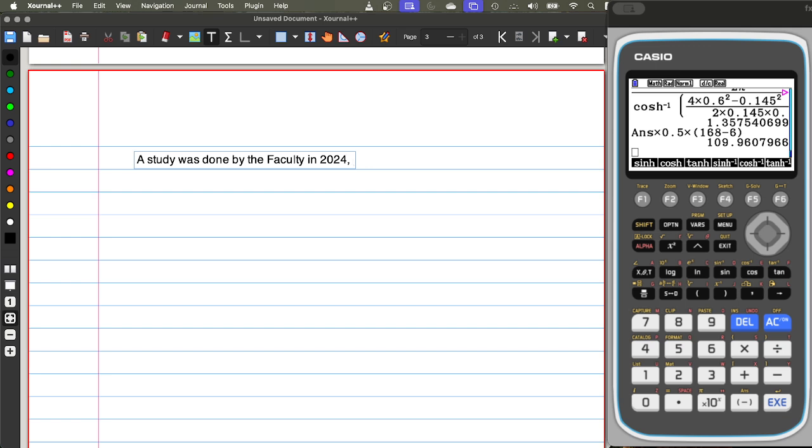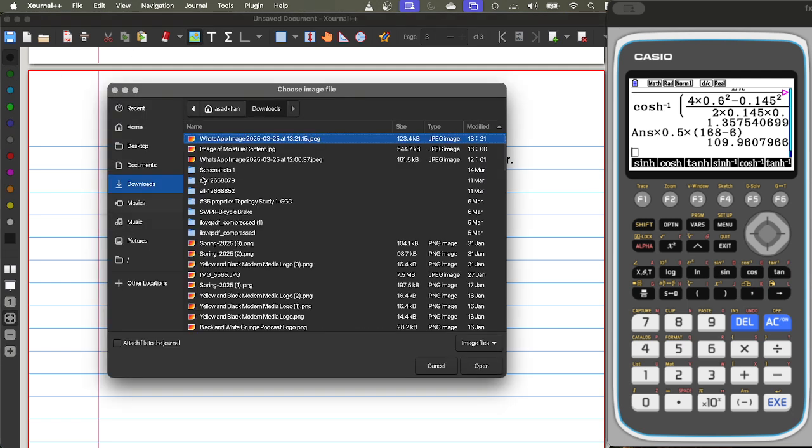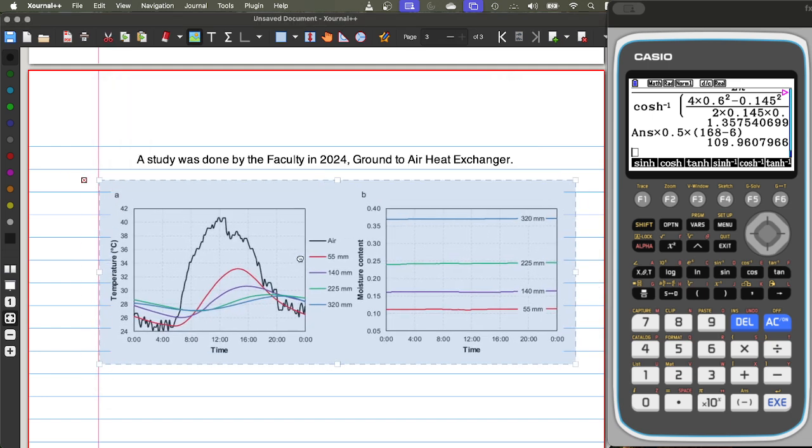Our dean, Dr. Saad Ghani, did a study about a ground to air heat exchanger. In this experiment, I'll add an image here just for reference. This is what he got.